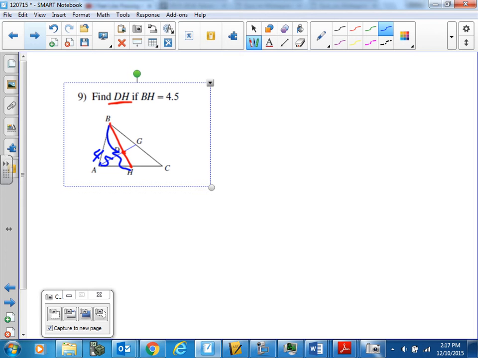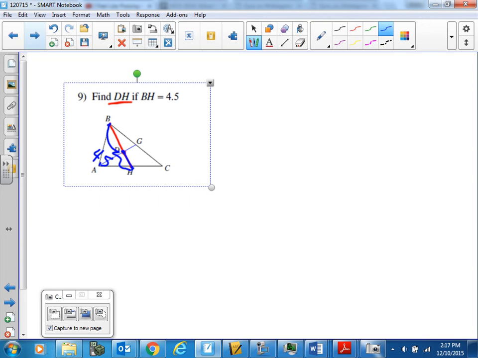And we want to find DH. Well, again, we have the same issue as last time. The two shorter segments that make up the median, BD and DH, those two segments combined have to add to 4.5, but they also have to have a 2 to 1 ratio.